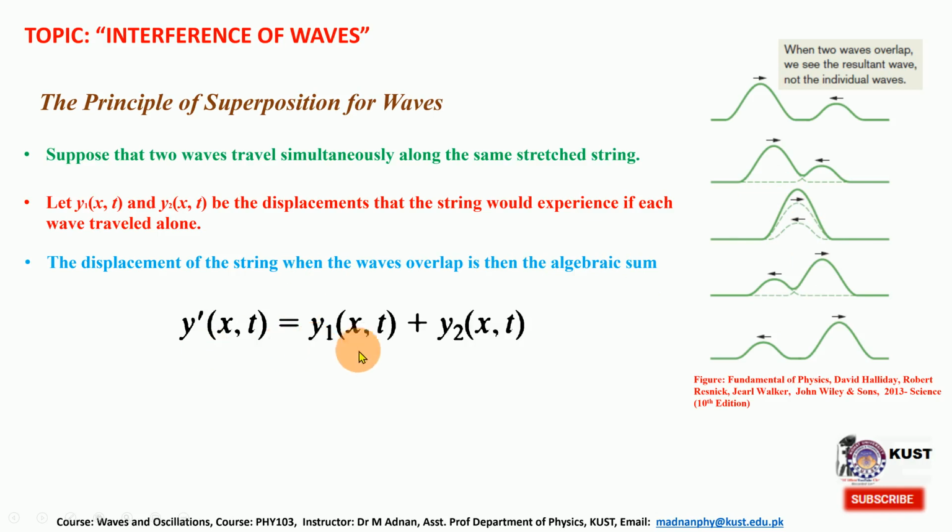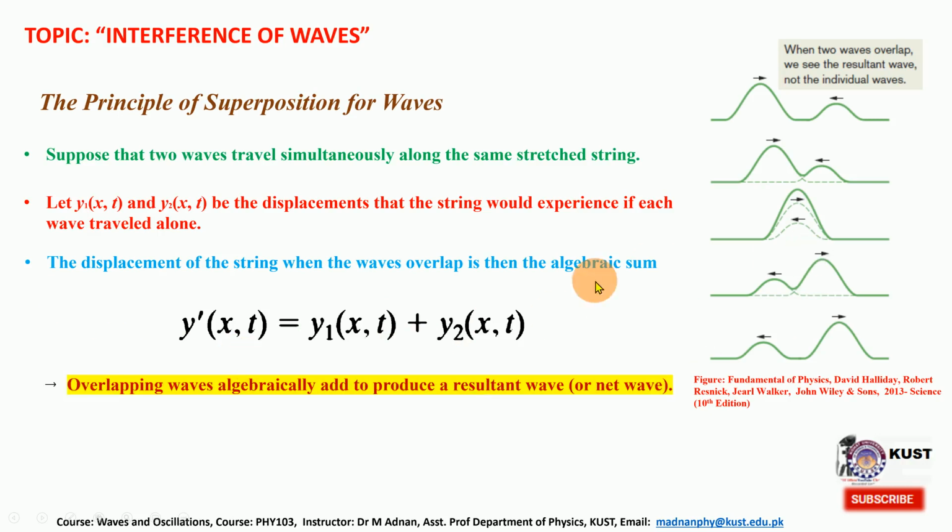So if you remember, this is the representation of one wave and this is the representation of another wave. Let's say this is y1 and this is y2, and this y prime will be the resultant wave. Now this prime doesn't mean any derivative. This is just a symbol used by your book for the resultant wave of y1 and y2.